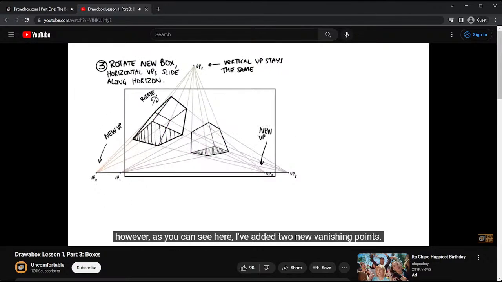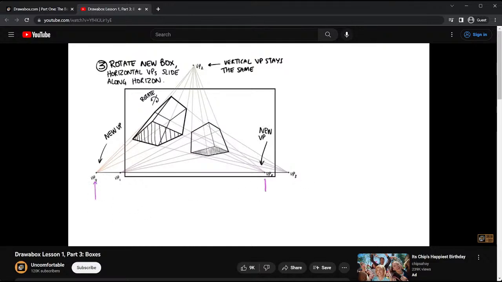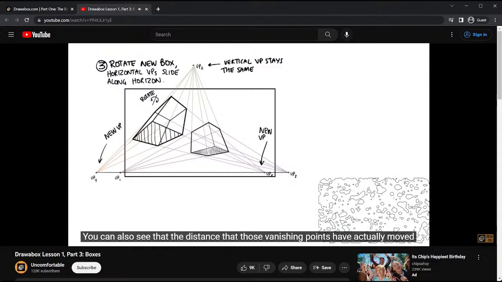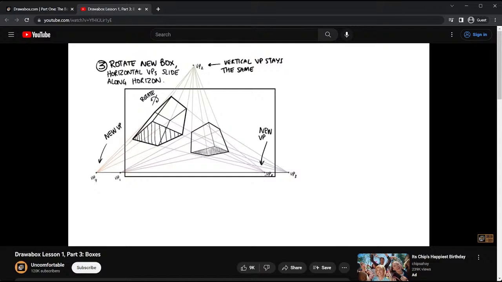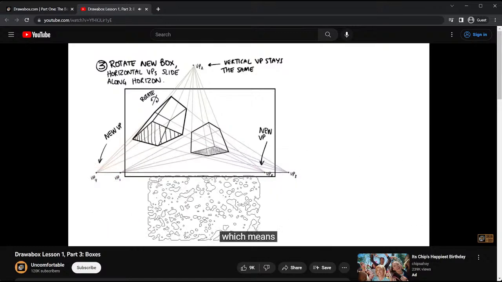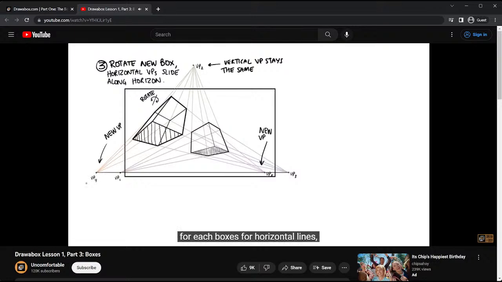The horizontal lines, however, as you can see here, I've added 2 new vanishing points, 4 and 5. So we had 1, 2, 3, and now we've got 4 and 5. You can also see that the distance that both vanishing points have actually moved is the same. So this distance here and this distance here, they're identical, which means for each box's horizontal lines, the distance between the vanishing points are the same.